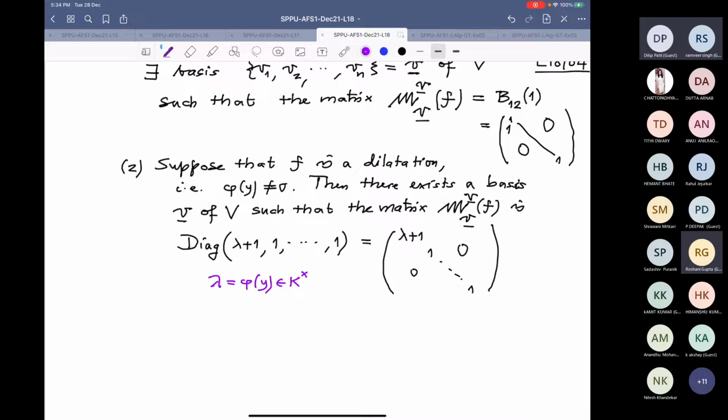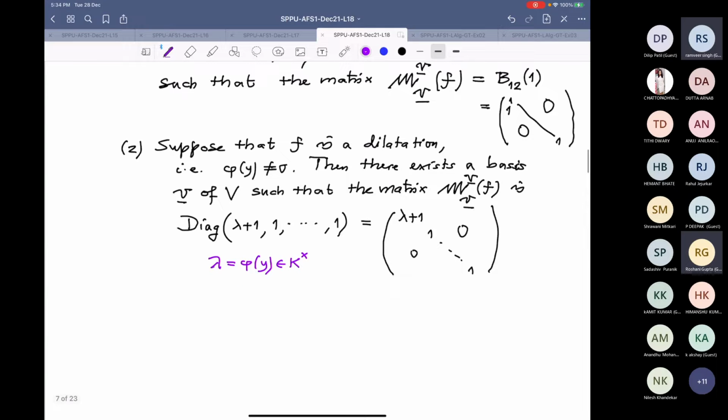All right, so first the proof of 1. What is given? We are given a non-zero vector y, a non-zero linear form, and phi y is 0.